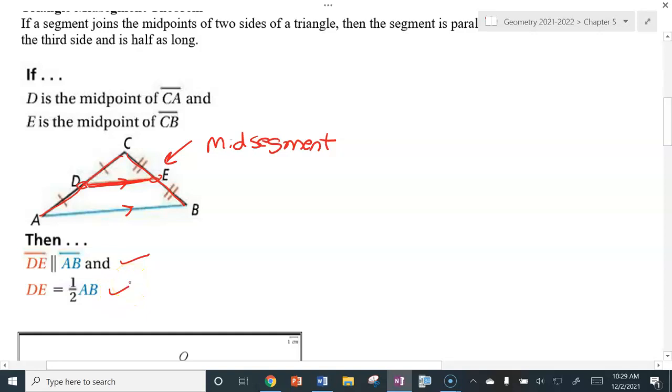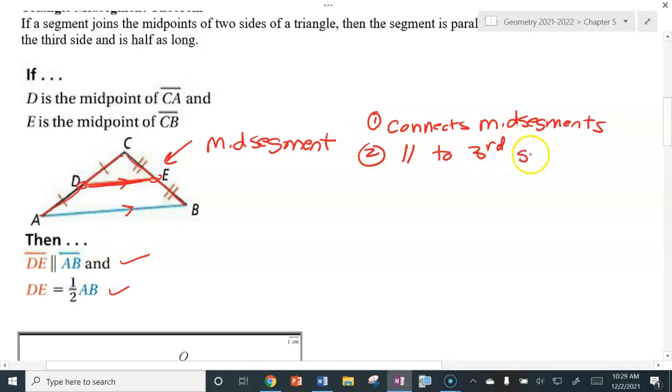So three things: first, they connect midpoints. Second, they are parallel to the third side. And third, they equal 1/2 of the third side.